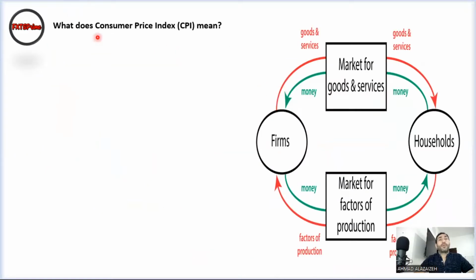So moving forward, we need to know what the consumer price index means. You know from the previous video, we spoke about the money amount in this area, and we said that we can measure the GDP in this area. We also calculated the GDP deflator.